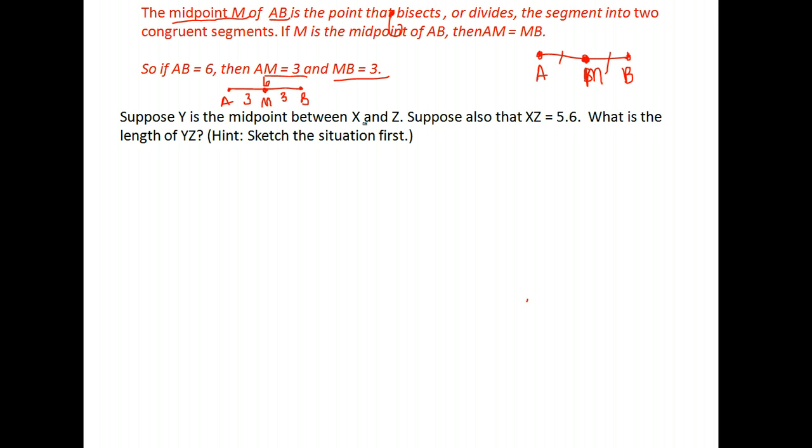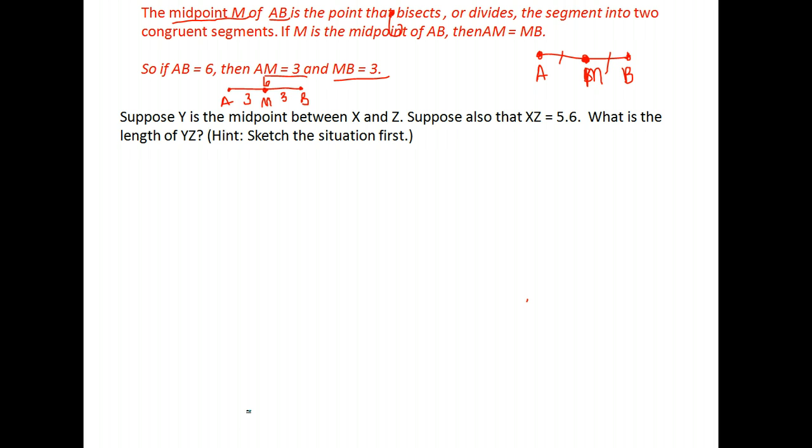Suppose Y is the midpoint between X and Z. So we have X and Z. They said suppose Y is the midpoint, which means Y has to go right in the center there.